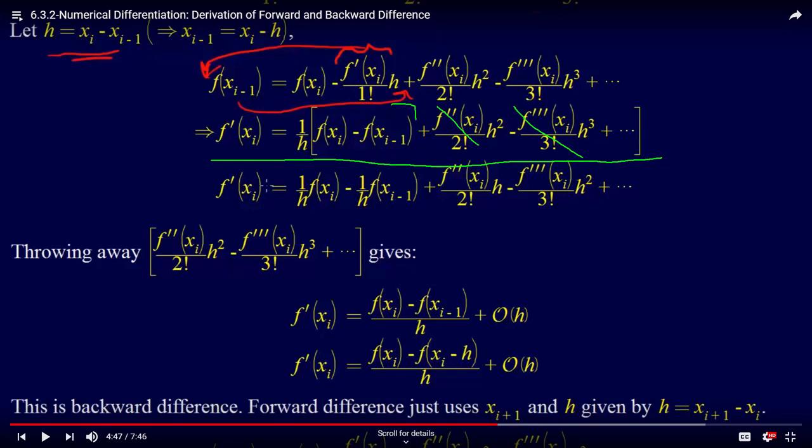So if you look at this, it's basically delta y, which is what this is, f(x_i) minus f(x_{i-1}), divided by the step size delta x. And that's the formula that you know for the derivative, right? So that's where it comes from. It comes from truncating the Taylor series.